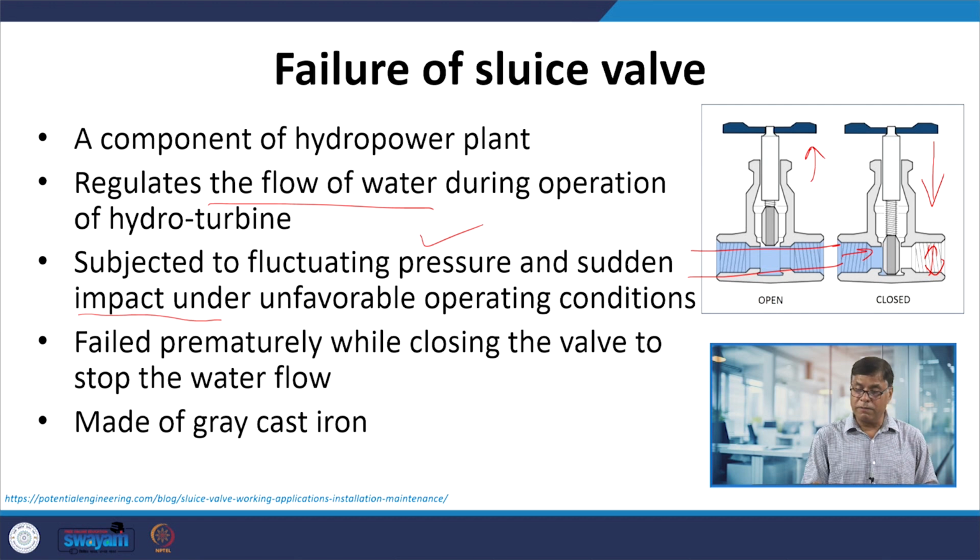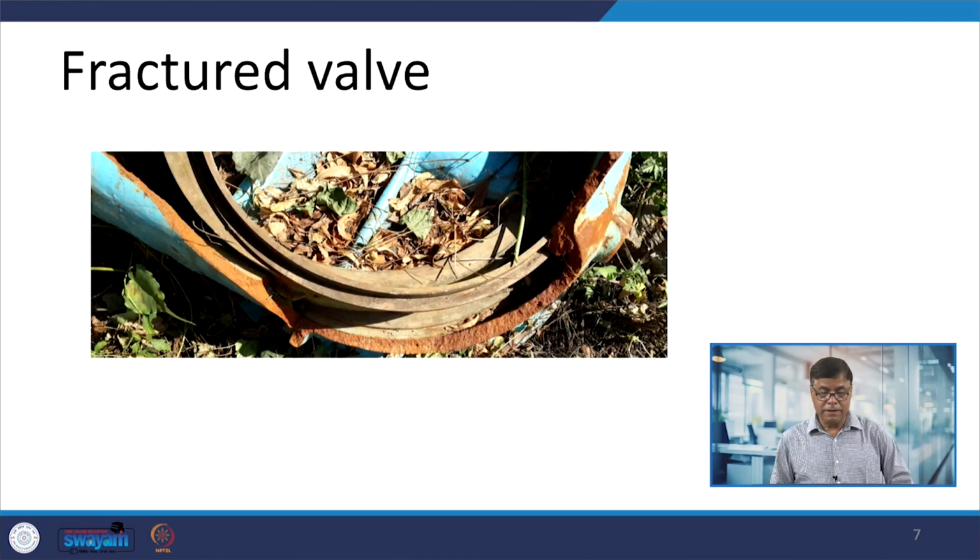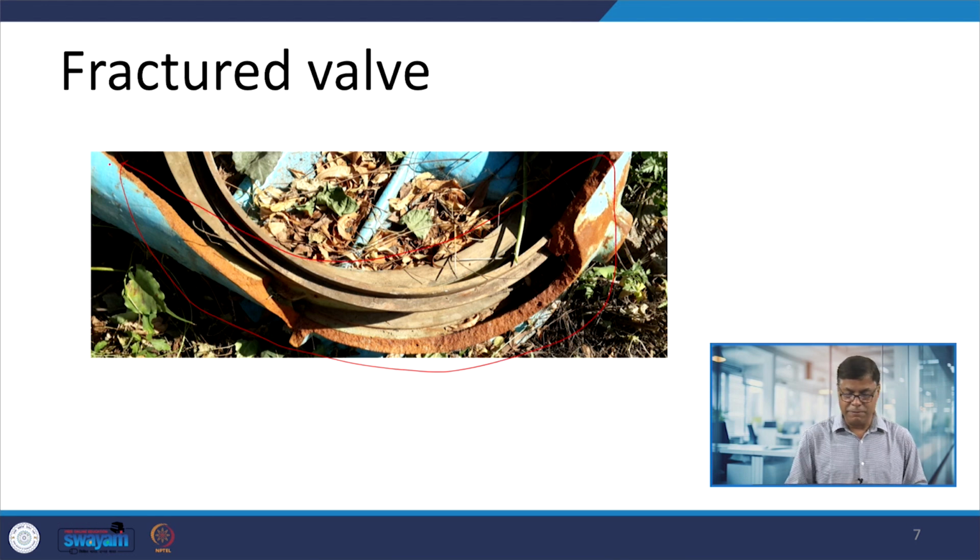This sluice valve was made of grey cast iron. This is the typical image of the failed sluice valve, which shows the fracture edge of the sluice valve casing, basically where it had failed from.